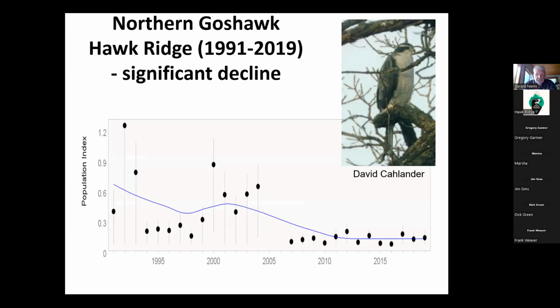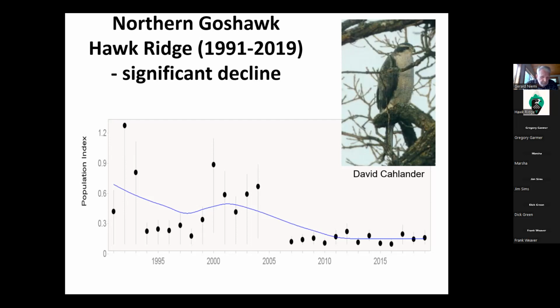Again, 1991 to 2019, this species is showing massive declines in migration counts. We usually had, on a 9 to 10 year cycle, some really big numbers of goshawks migrating at Hawk Ridge.